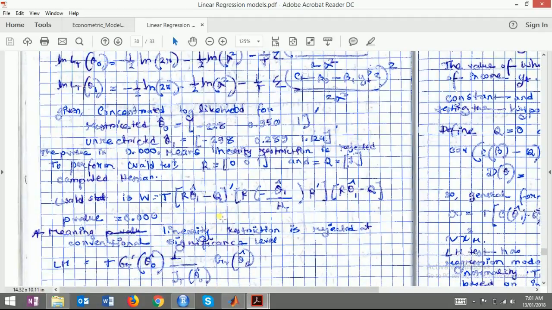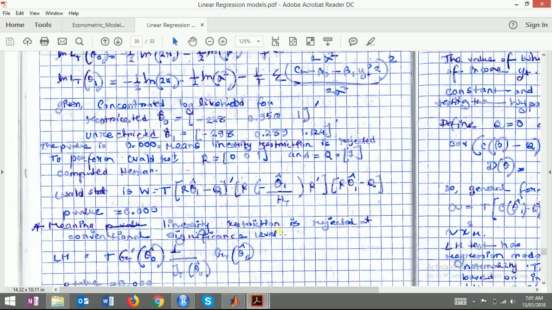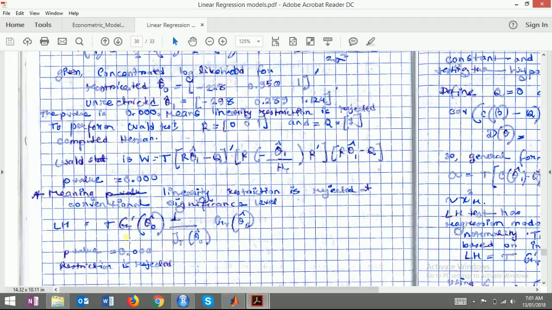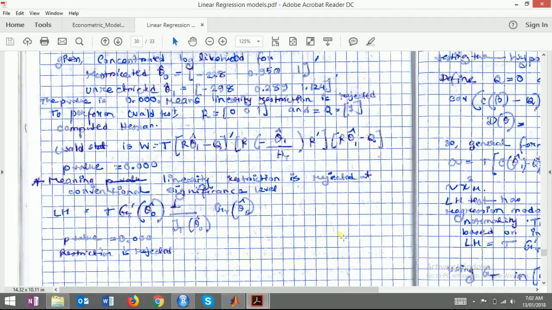So transpose, non-transpose and R transpose, this is the decomposition, theta 1 multiplied by Hessian, meaning the linearity restriction is rejected at the conventional significance level. The gradient version using OPG, gradient transpose gradient, this is the decomposition. The p-value is 0.000. The restriction is rejected.